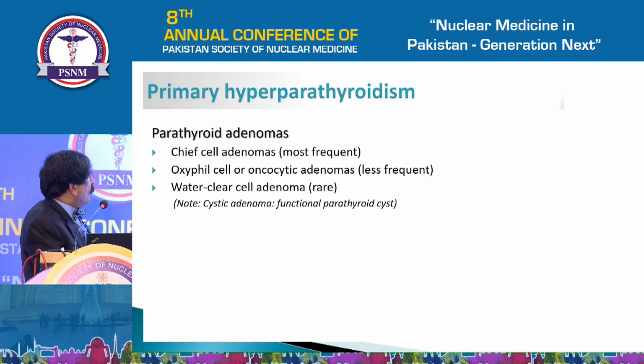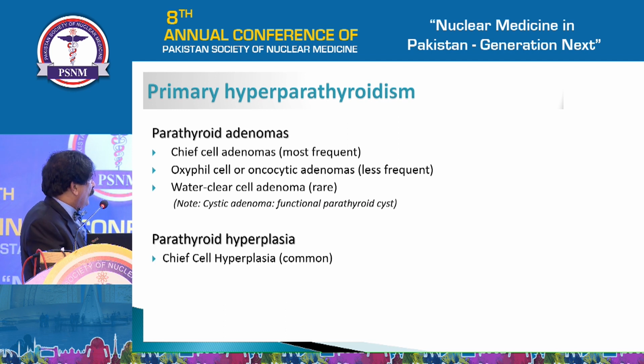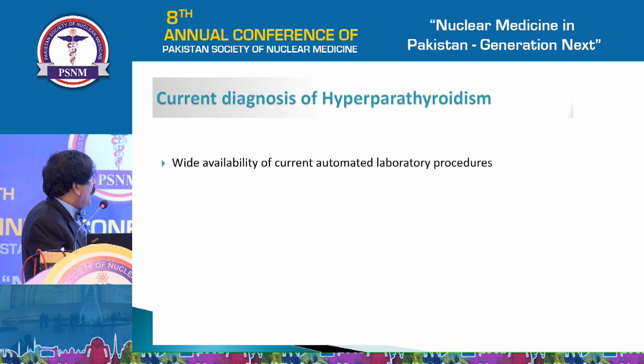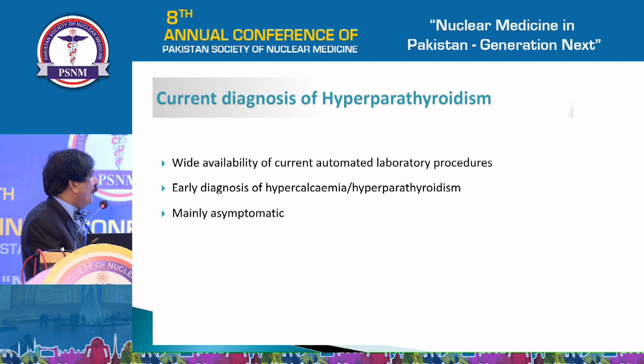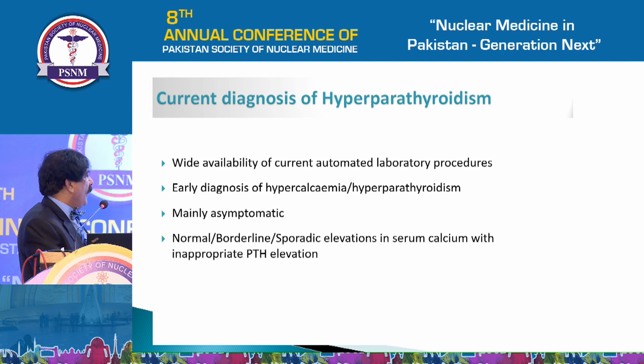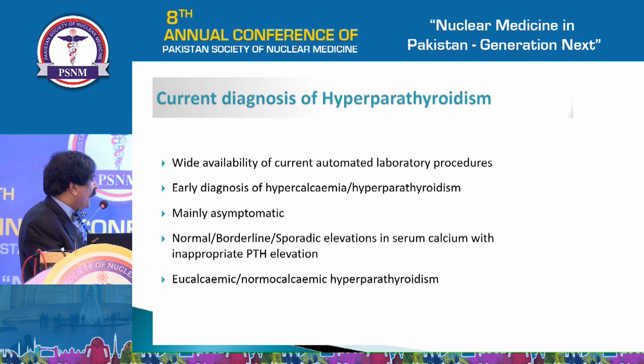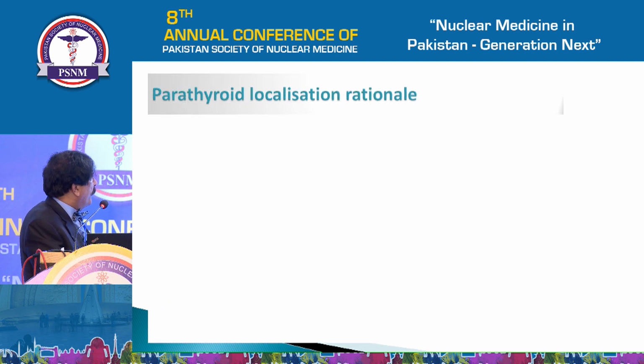Parathyroid adenomas are mostly chief cell adenomas, and hyperplasia is chief cell hyperplasia. So as I said before, the current diagnosis of hyperparathyroidism is made early, due to early detection of hypercalcemia, and a normal, borderline, or sporadic elevation in serum calcium is known as eucalcemic or normocalcemic hyperparathyroidism.